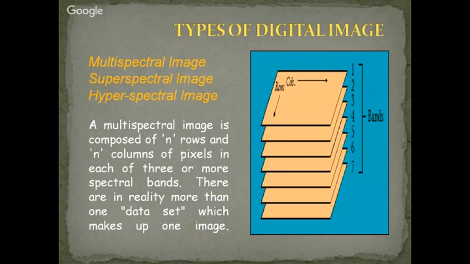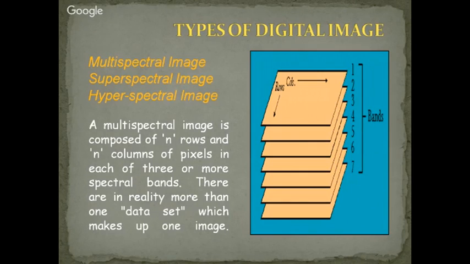Multispectral images are all those images which contain at least two spectral bands or more, whereas in case of superspectral images, we have a higher number of spectral bands used for acquiring a satellite image. For example, we can have 20 different spectral bands used in acquiring a satellite image. We'll call it a superspectral image. Then we have hyperspectral images.